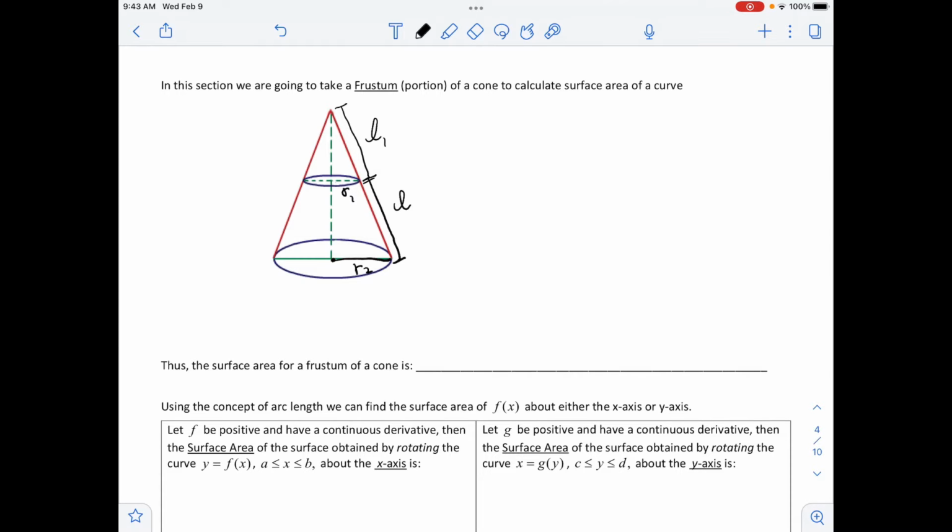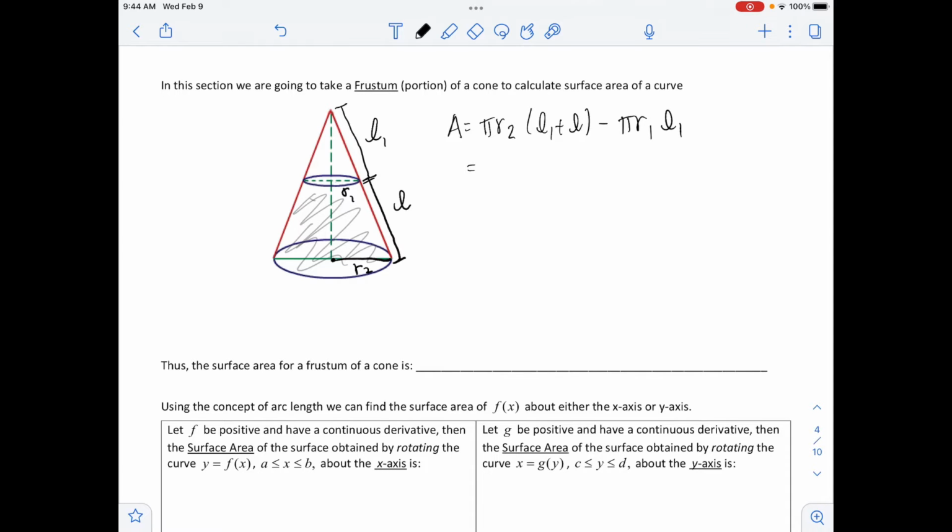So our area, and what we're looking at is the area of this part in here. So we're going to do the larger cone minus that smaller cone to get that area. And so we're going to have pi R2 for the larger cone, and then the slant height for this is going to be L1 plus L, minus the area of the smaller cone, which is pi R1 L1.